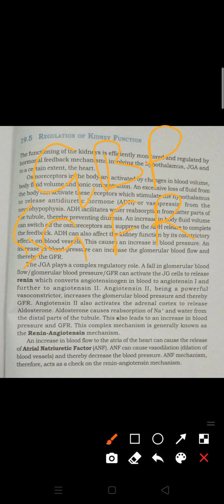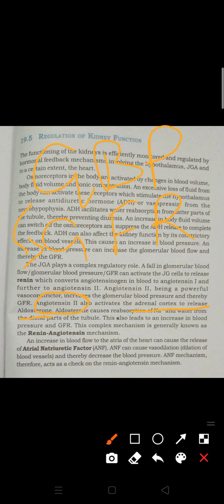One more important thing about angiotensin: it also activates the adrenal cortex to release aldosterone. Children, this aldosterone is very important because it increases the reabsorption of sodium, water and other things also.